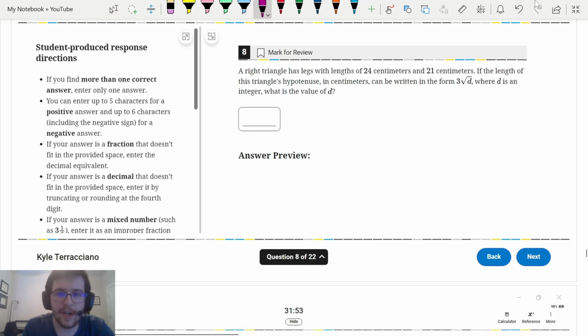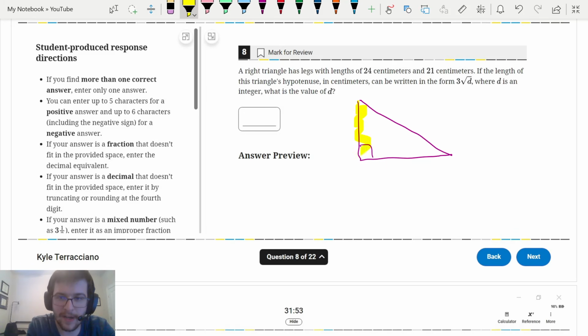Okay, so a right triangle has legs, so that's the ones that are not the hypotenuse, so these ones, of 24 and 21.